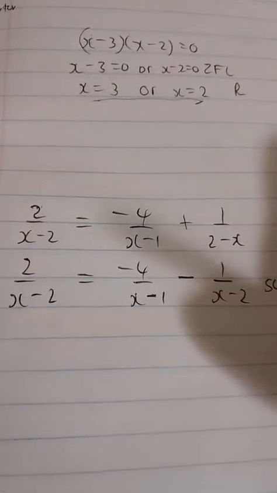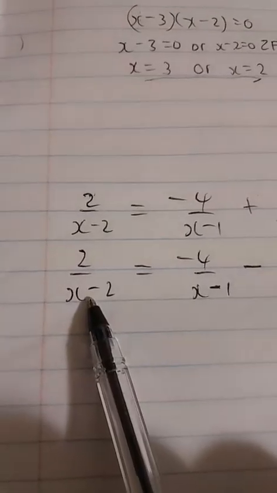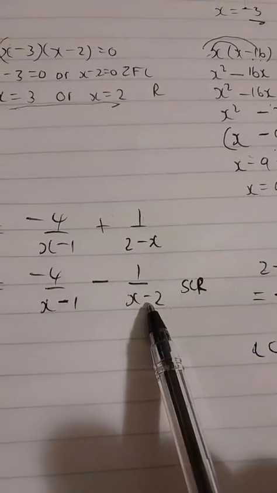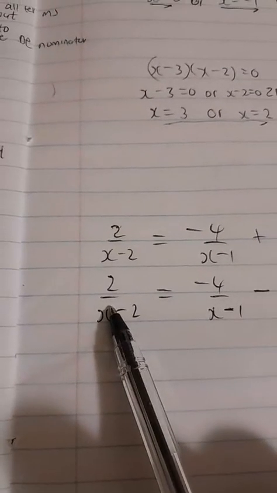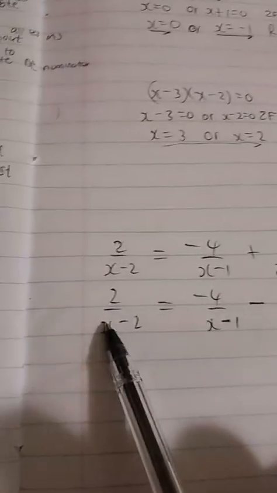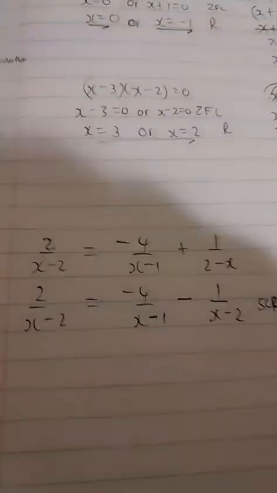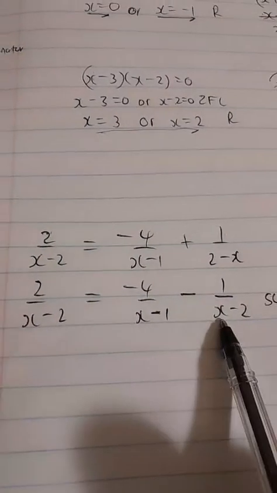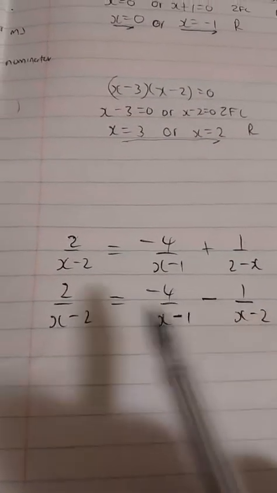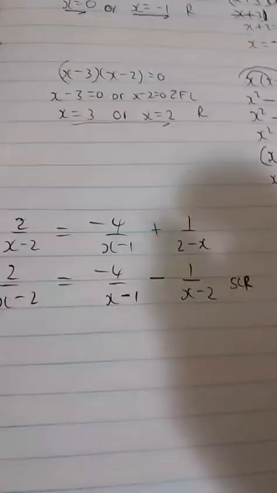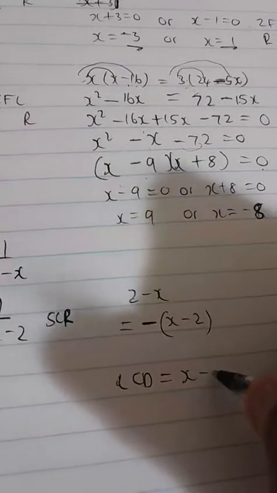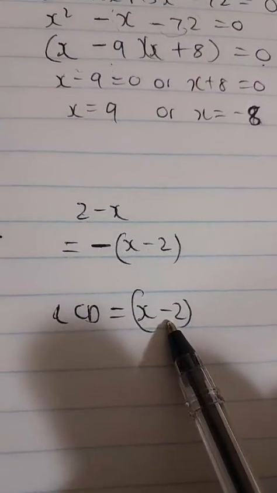What is our LCD? x minus 2 and x minus 2 are common. When they are common, for the LCD we always go for the common expression that has the highest exponent. But if they are common and they have the same exponent, then we take x minus 2 once and write it as the first part of our LCD.